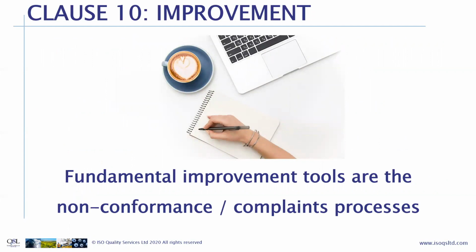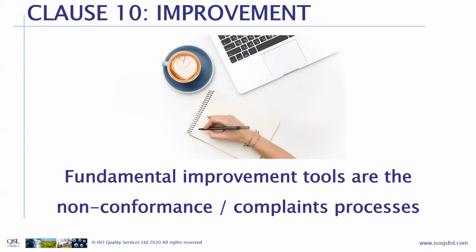Fundamental improvement tools are effectively the non-conformance and complaints processes. Definition of non-conformance: something that's happened that shouldn't have happened, possibly a supplier or subcontractor letting you down, or non-observance of procedures.